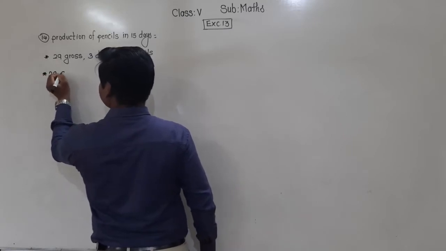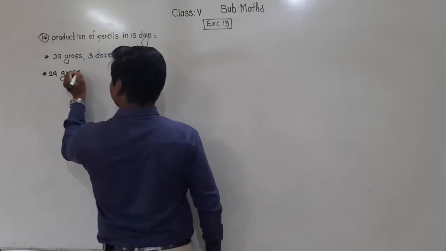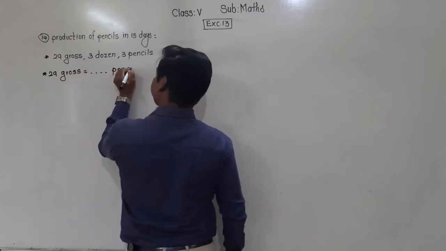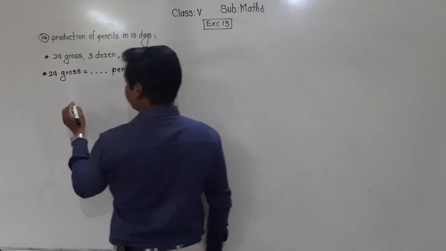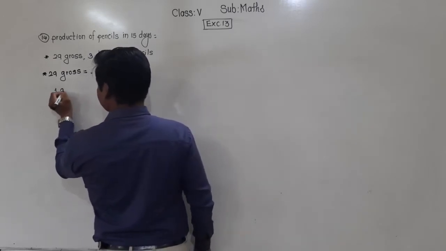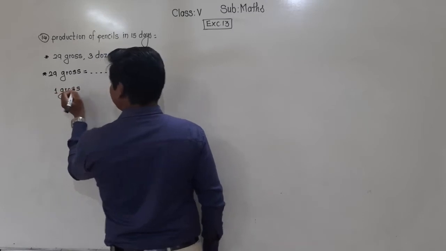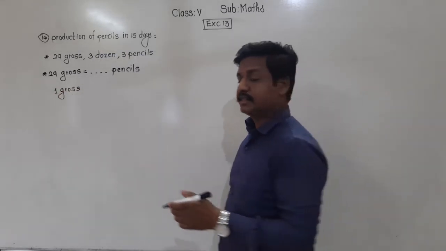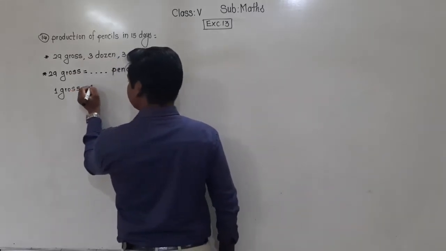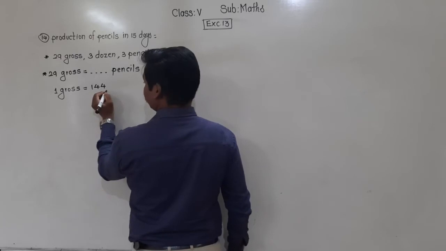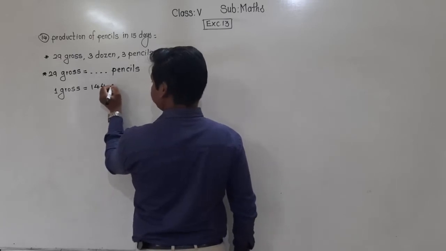29 gross is equal to how many pencils? We know that 1 gross means 12 dozen. That means how many articles? 12 twelves are 144, so 144 pencils.